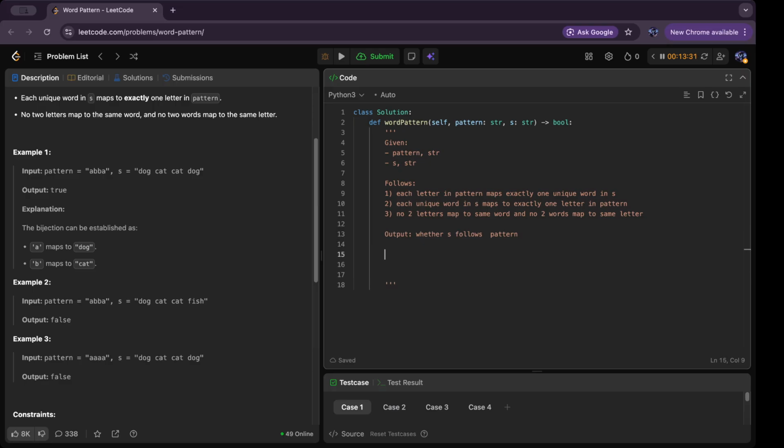So let's see, clarifying questions. Length of pattern: pattern contains only lowercase letters. Length of s: it has spaces and lowercase letters, but does it have trailing spaces?